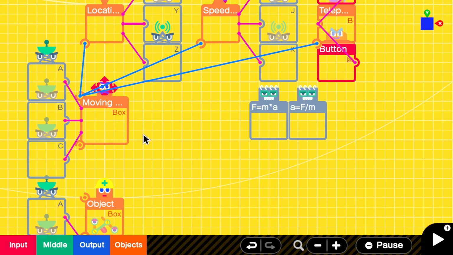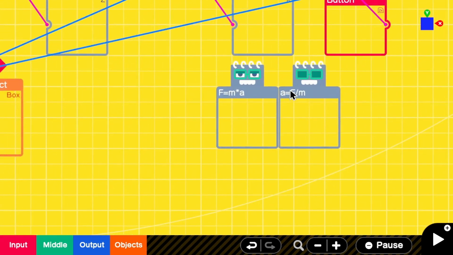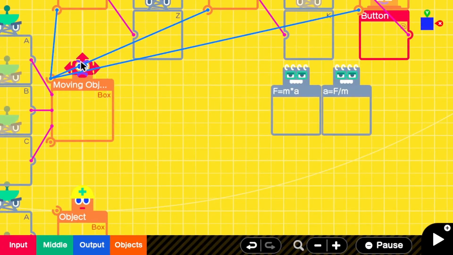Well, when we send an input to the moving object, what the game actually does is apply a force which is equal to the mass of the object times our input. So for example, let's say the mass of this object is m.